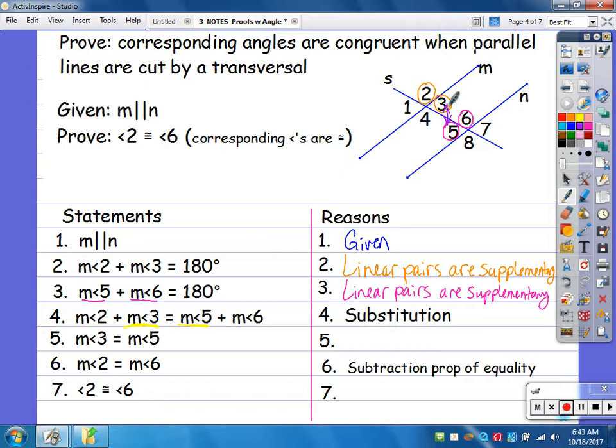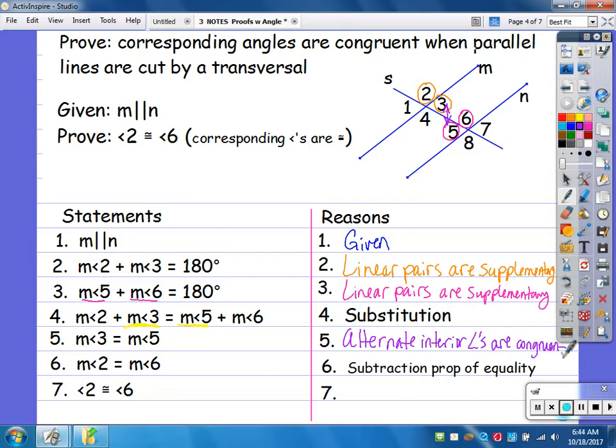Angle 3 and angle 5 are alternate interior angles, and I need to know the relationship. Well, I can see here it says that they're equal to each other. I know that means they should be congruent. So my reason is going to be that alternate interior angles are congruent.